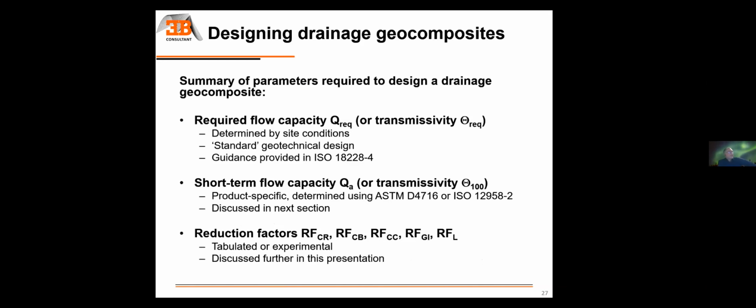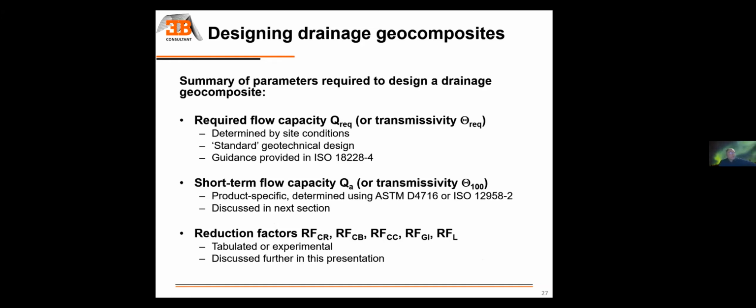So at the end, to be able to perform the design of a drainage geocomposite, we need basically 3 groups of information. First, what is the required flow capacity, which is defined by the project. Second, what is the short-term flow capacity or transmissivity of a product.